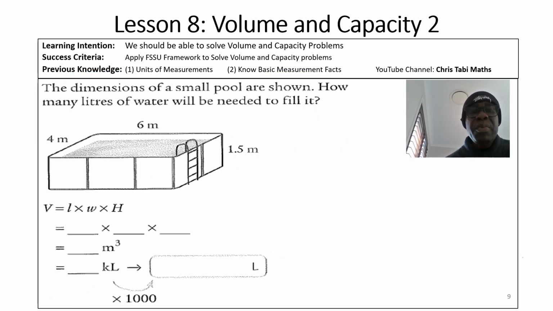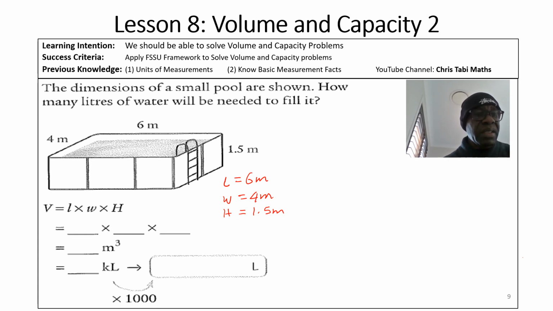So we've got a swimming pool, and the length equals 6 meters, the width equals 4 meters, and the height equals 1.5 meters.